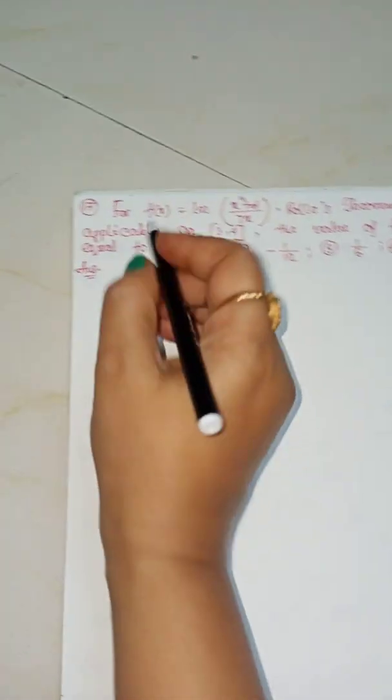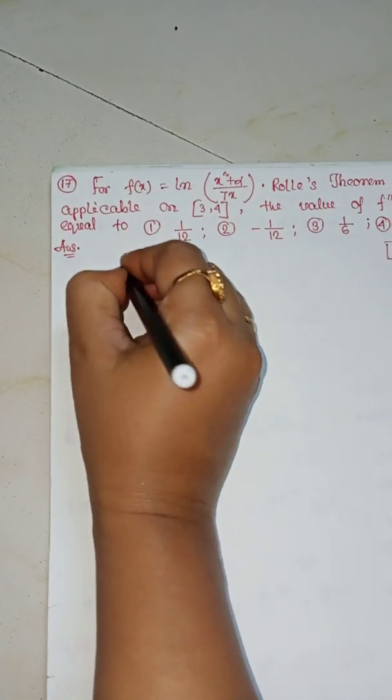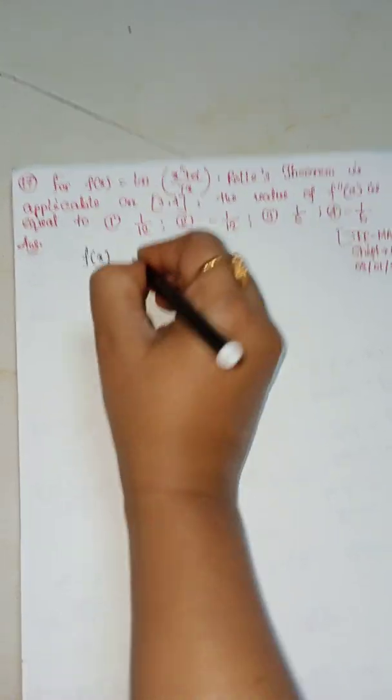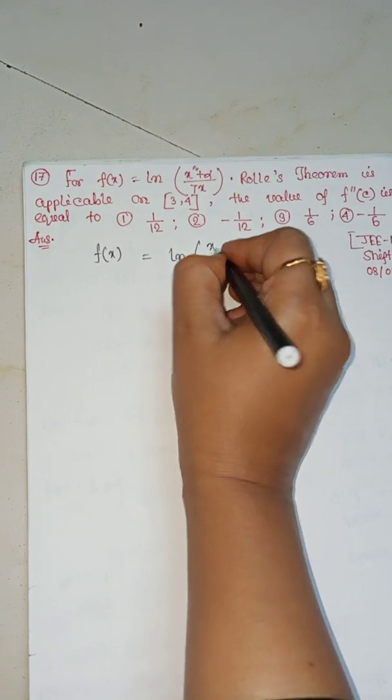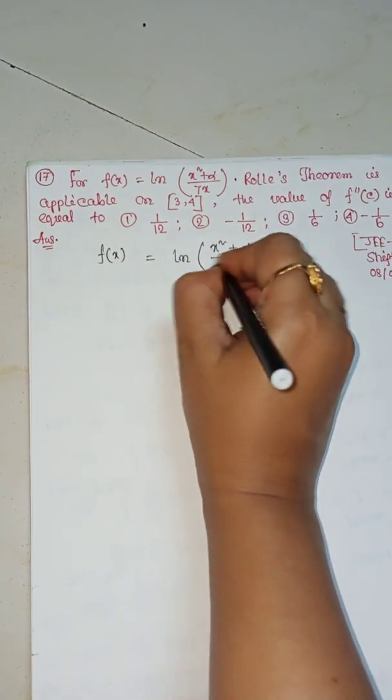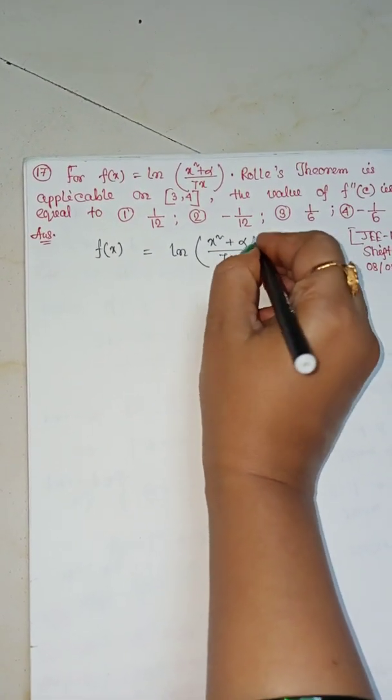So our given function is f(x) = log((x² + α)/7x).